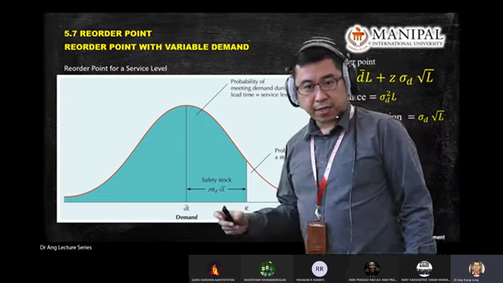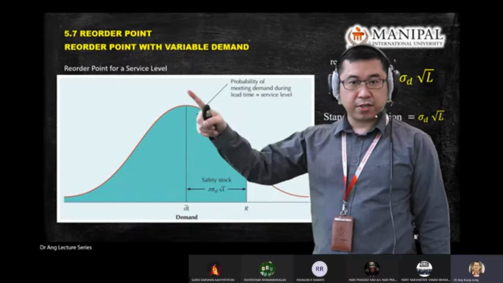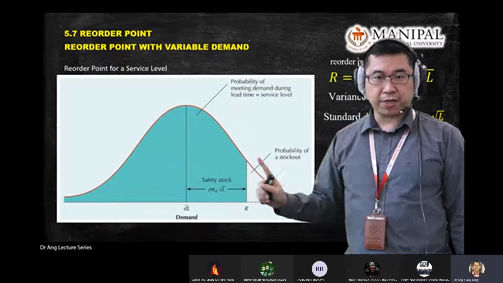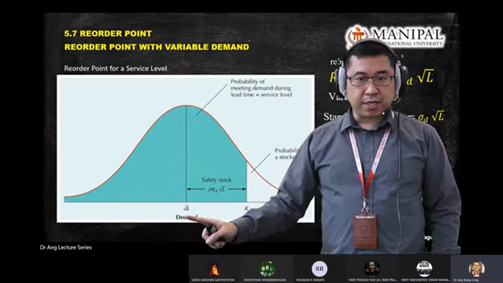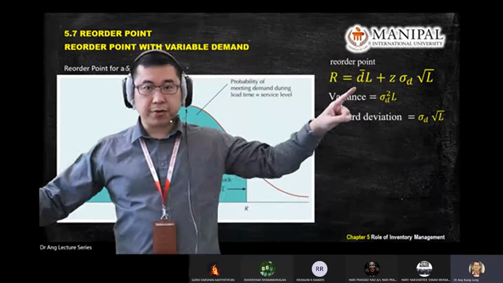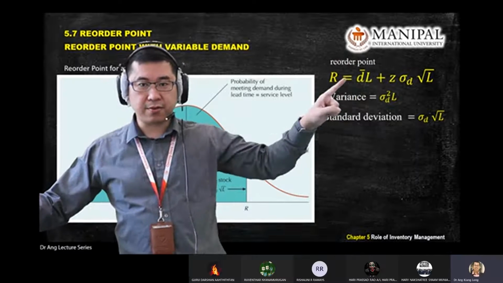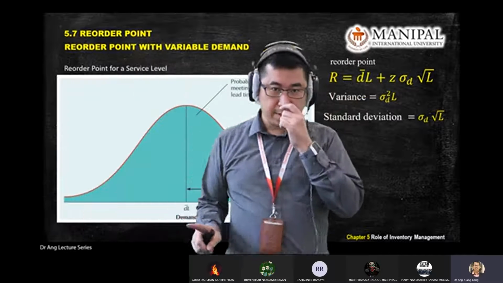So basically, the center line of your distribution curve here is D hat L. Reorder point equal to D dash L, which is the center of your curve here.